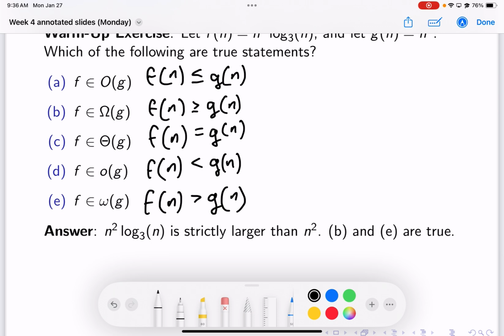I think the idea of a function being less than or greater than is pretty intuitive, and the notion of functions being equal, even though they're clearly not, is less intuitive. But hopefully it'll become clearer with some more definitions.